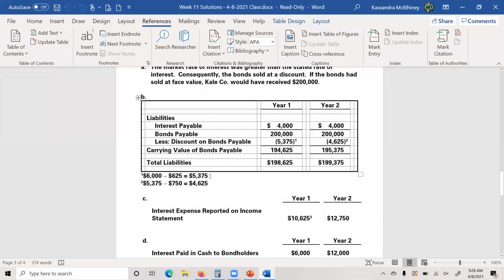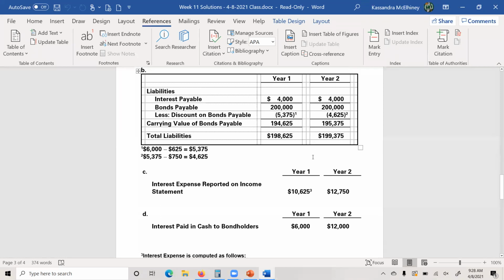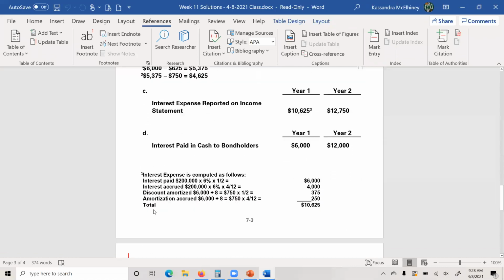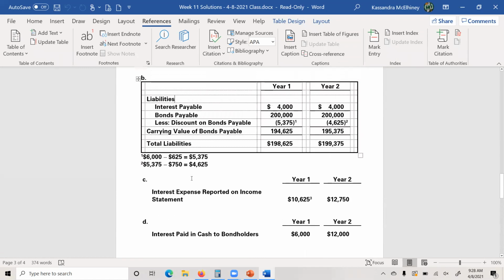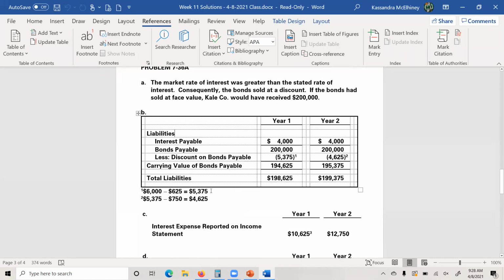Now we have to come up with a discount on bonds payable. How do we do that? This is where our calculations down here are happening. It's right underneath the table.